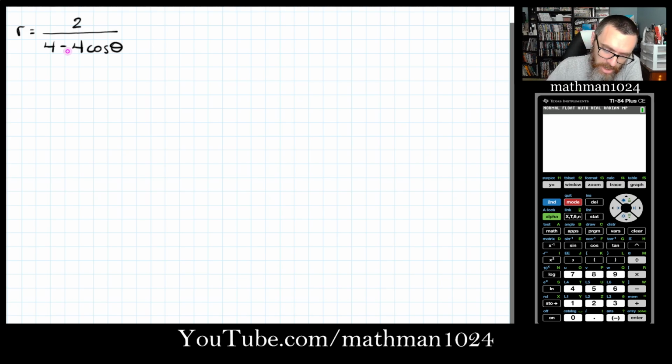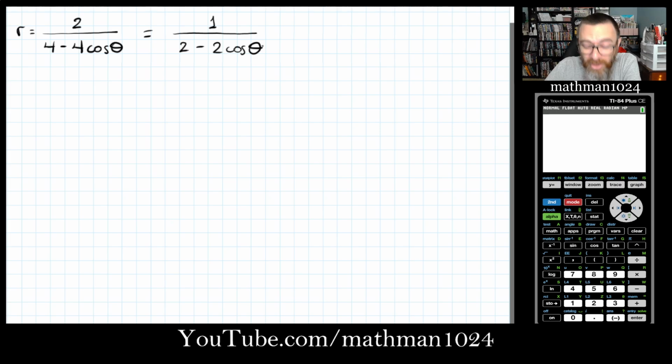All right. Well, first, let's go ahead and simplify this. We can reduce everything by a factor of 2. So this is 1 over 2 minus 2 cosine theta. And we really want to make sure that we have a 1 right there.